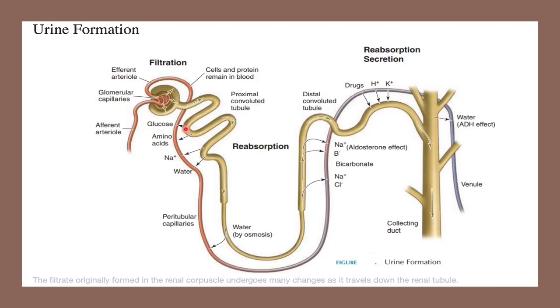Now the reabsorption is happening mostly from the convoluted part of the proximal tubule: the glucose, amino acid, sodium, and the water. Now check here. In the thin part of the descending limb of Henle, what is happening? There is no solute reabsorption, only water is reabsorbed from the tubule to the peritubular capillary.